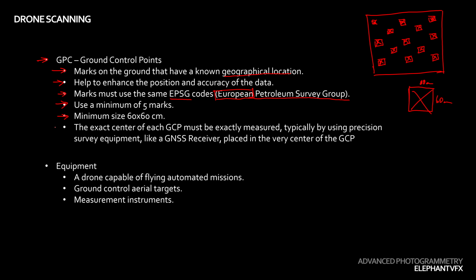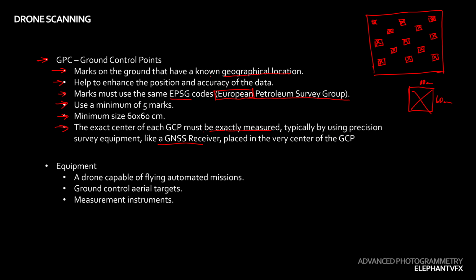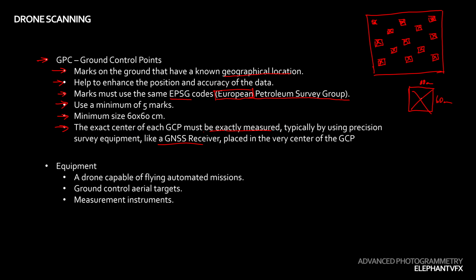And as I was saying before, the exact center of each ground control point must be exactly measured, typically by using precision survey equipment like a GNSS receiver, this thing here, or other similar tools. Okay, so basically we would place this thing right in the middle of this X, and it will measure the GPS coordinates.